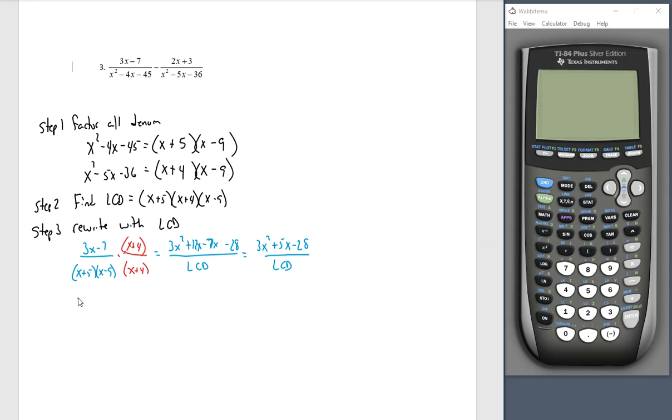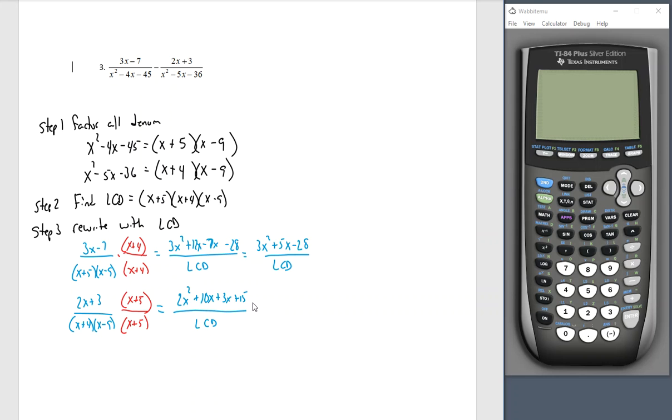My second one, 2x plus 3 over x plus 4 times x minus 9, seems to be missing the x plus 5. So when we multiply that numerator, we end up with 2x squared plus 10x plus 3x plus 15 over that LCD.